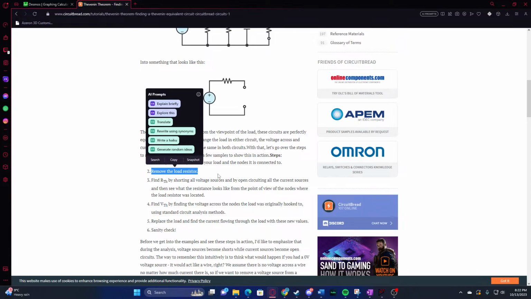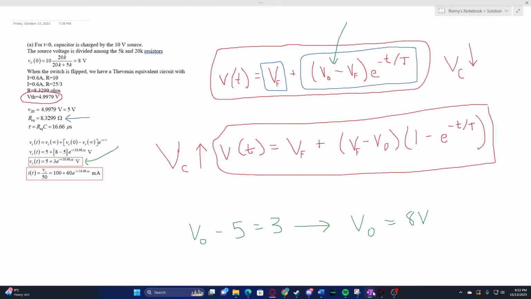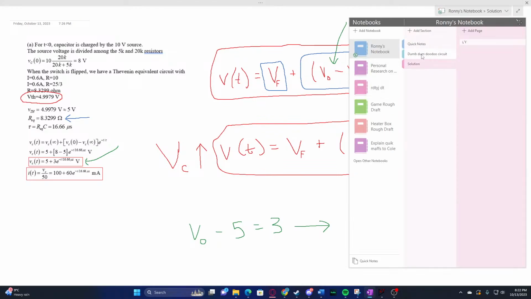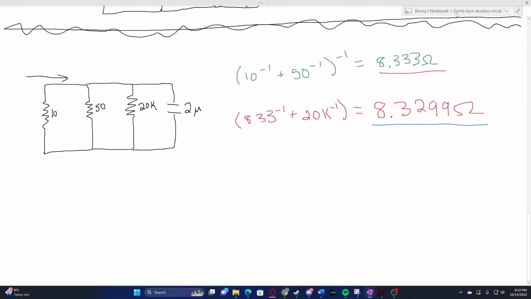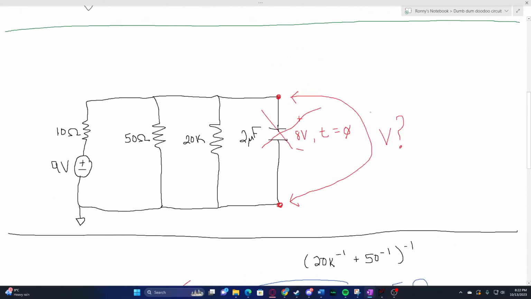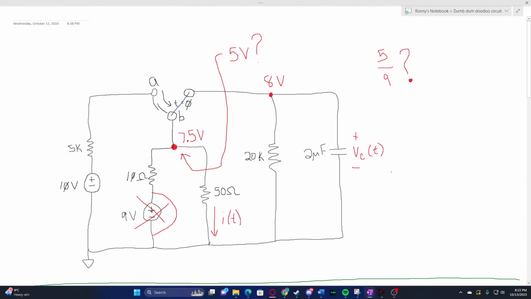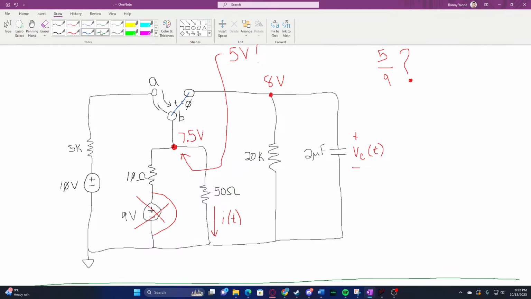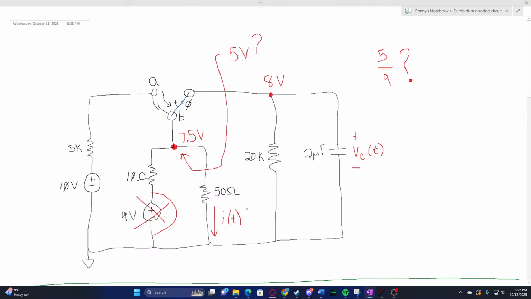The other thing I forgot to try was to check that even though they were looking for the voltage across this capacitor, they're looking for an expression to represent that, they're also looking for I of t based on this 50 ohm resistor.